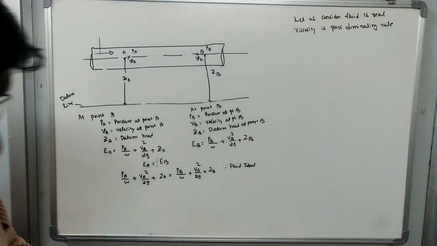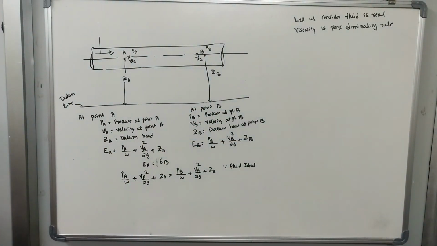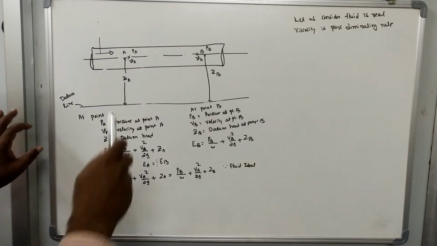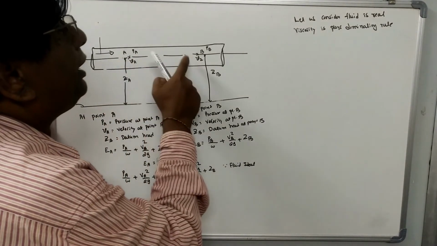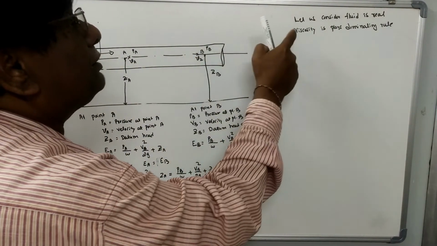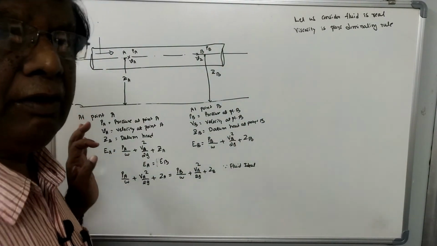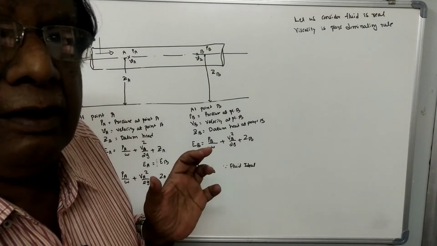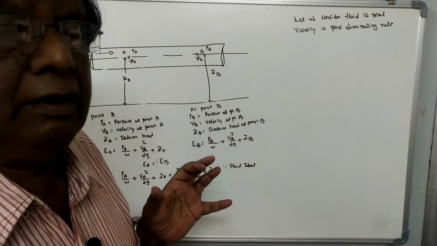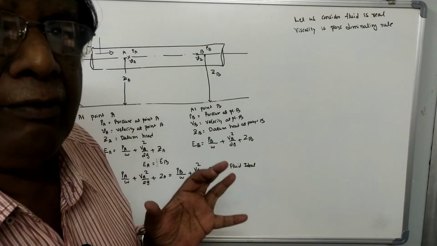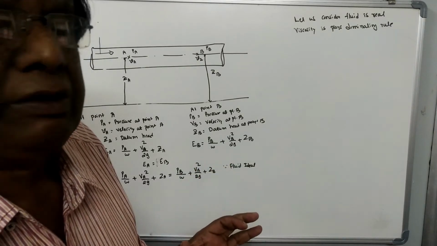Because of the viscosity, there is a variation in pressure, there is a loss of energy head when fluid flows from point A to B. All real fluids exhibit viscosity.